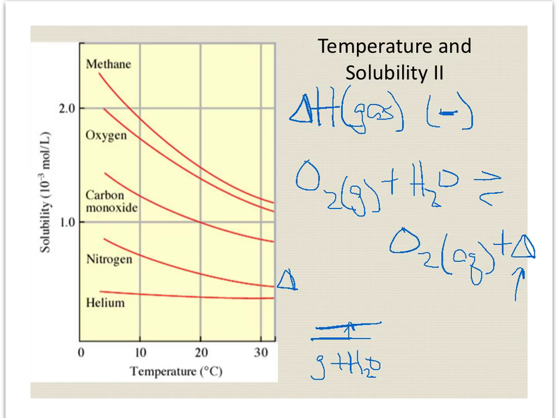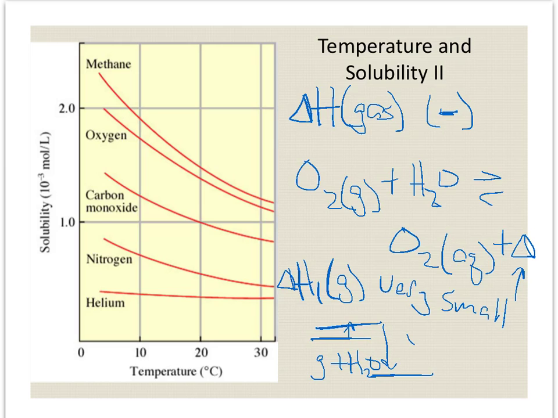So delta H1, the expansion of the gaseous solute for a gas, is going to be very small. Now, do you remember from class what the sign of delta H of hydration always is? It's always negative. So the delta H of hydration always causes the energy of the system to drop.